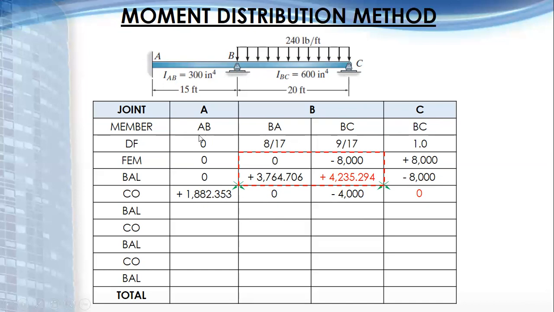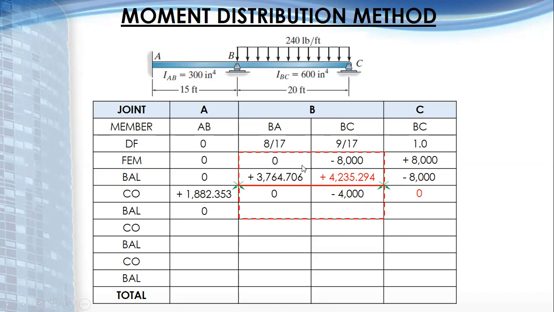But then the distribution factor is 0. So, therefore, ang balancing moment niya 0 ra. And for joint B, okay, between 0 and negative 4,000, the unbalanced moment is negative 4,000. So, i-balance siya by positive 4,000 and will be distributed in accordance or in proportion sa distribution factor.